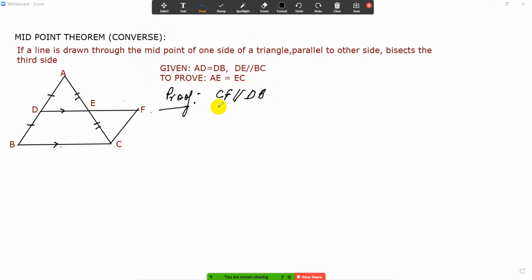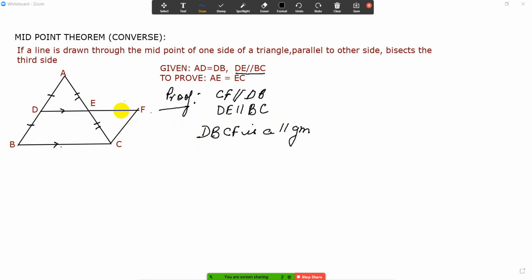And other thing is DE is also parallel to BC, which is already given to us. So now we can say that DBCF is a parallelogram, since the opposite sides are parallel to each other.